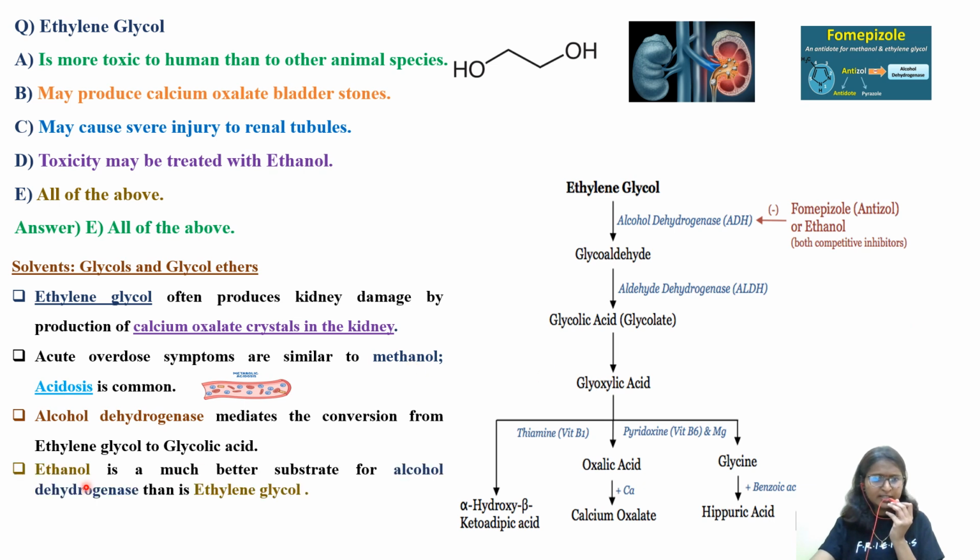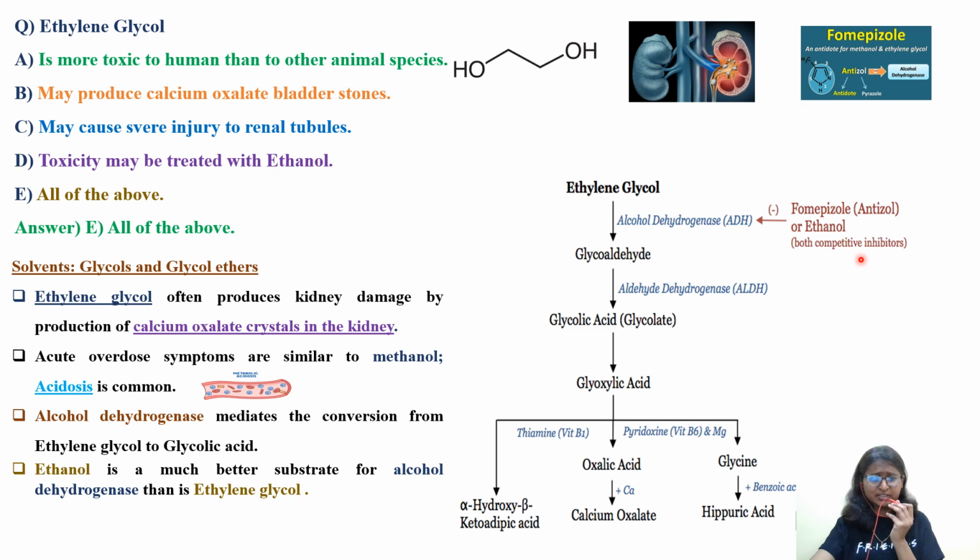Ethanol is a much better substrate for alcohol dehydrogenase than ethylene glycol. As I said, whenever you are reading about ethylene glycol toxicity, you also have to read about alcohol toxicity, like methanol as well as ethanol, because both are also metabolized by the enzyme alcohol dehydrogenase. For example, a patient comes to the emergency department and is identified as having glycol poisoning.